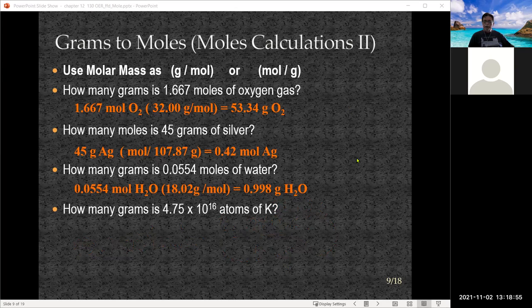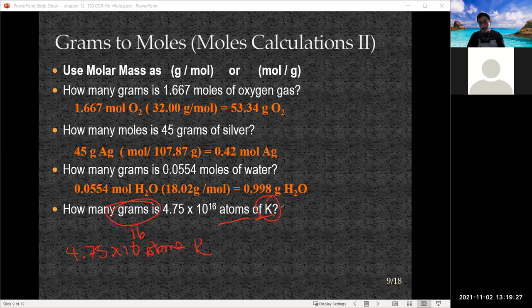All right, so here we have this one where we're being asked to calculate, if you start off with atoms of, let's say, potassium, how many grams that consists of. All right, so we are starting off with 4.75 times 10 to the 16 atoms of potassium.